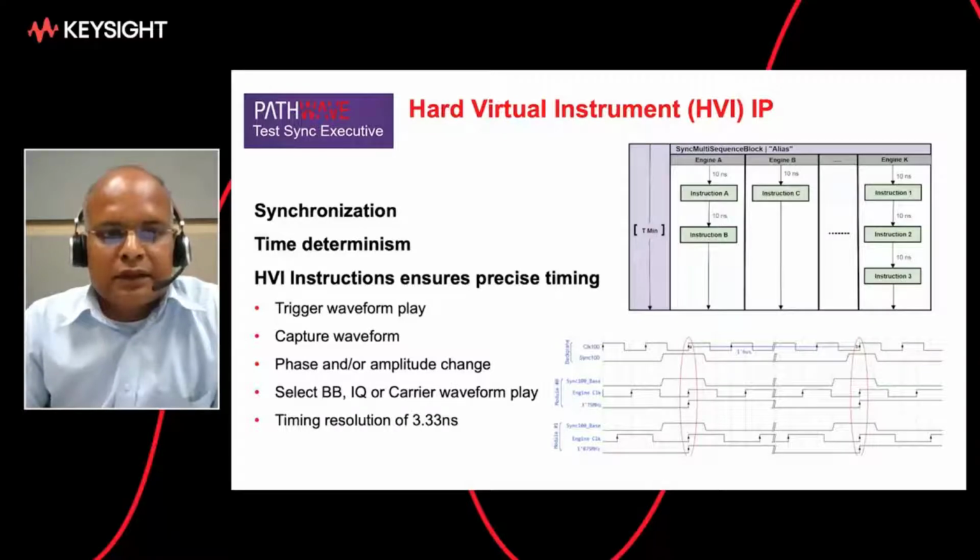The resolution of all these instructions being executed is very fine. It's 3.33 nanoseconds. This entire HVI IP is a big state machine running in the FPGA, and it fetches the instructions on every clock cycle and executes them in a time deterministic manner.